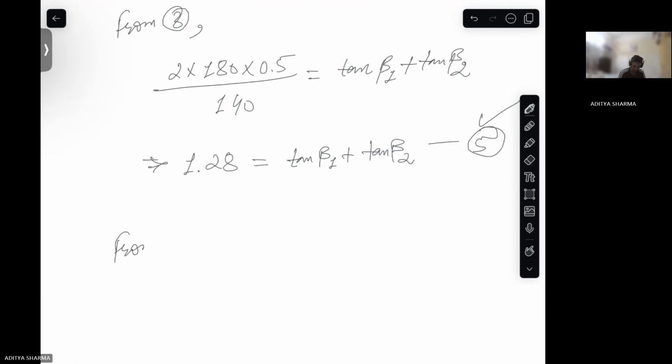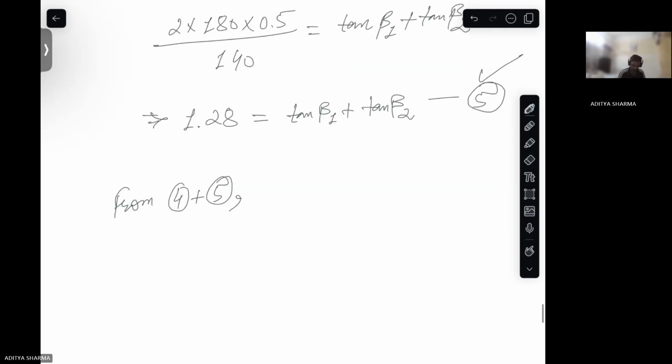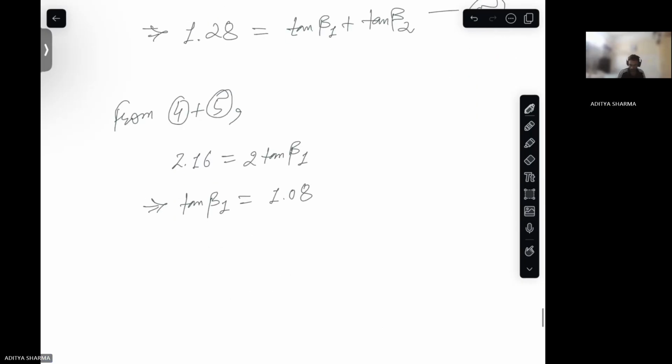So from 4 plus 5, what we have is 2.16 is equal to 2 tan beta 1, which implies tan beta 1 is equal to 1.08, which implies beta 1 is equal to 47.2 degrees. This is there.